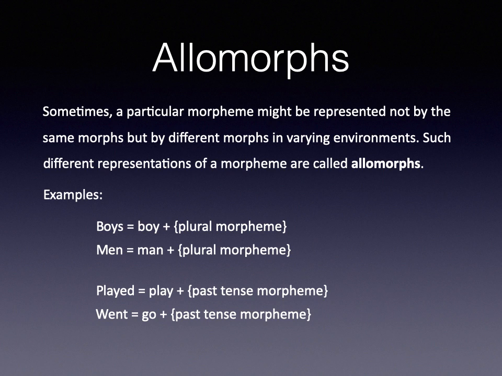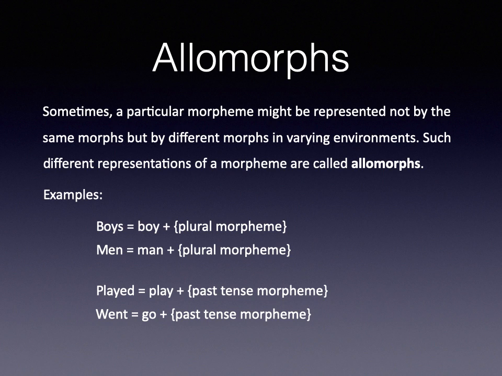Similarly, let us look at these two examples, played and went. Played is a past tense verb. It is formed by combining the verb play with the past tense morpheme. And it is represented as play plus ed, but actually it is play plus past tense morpheme. Similarly, if you look at went, it is go plus past tense morpheme. But here, the past tense morpheme is not represented by ed. We don't write it like goed, the way we write played.